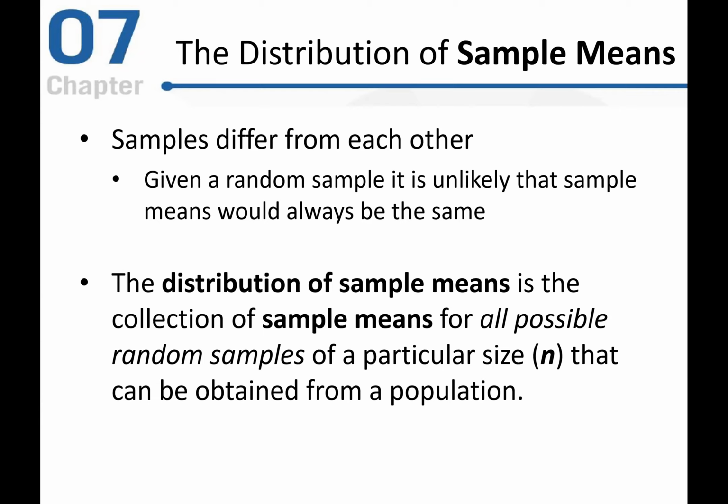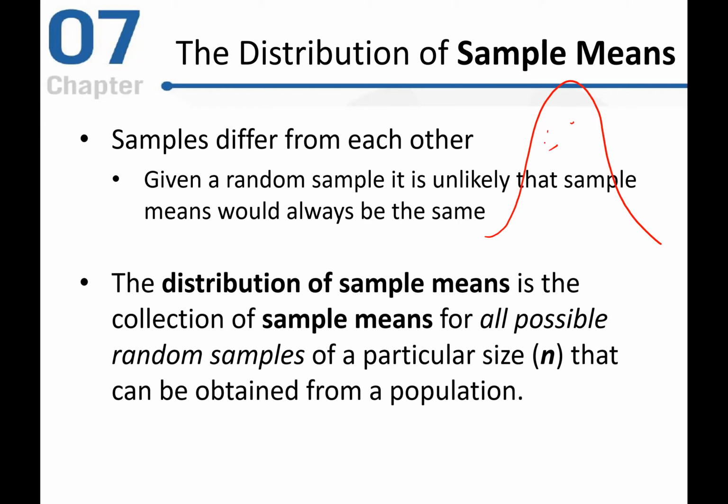Now, the distribution of sample means is the collection of all possible random samples of a particular size that can be obtained from a population. I'm going to repeat that again. Just like we've been talking about a population distribution, a distribution of scores, now we're talking about a distribution of samples.